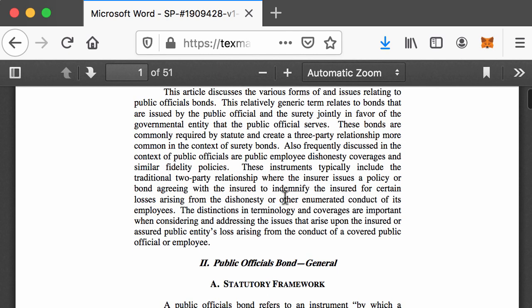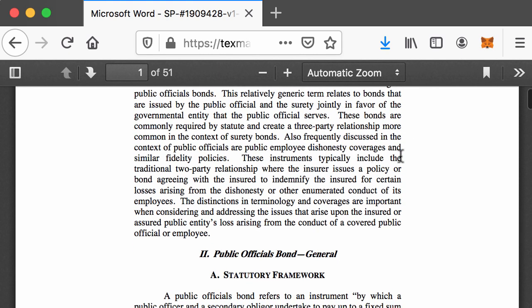These instruments typically include the traditional two-party relationship where the insurer issues a policy or bond agreeing with the insured to indemnify the insured for certain losses arising from the dishonesty and or other enumerated conduct of its employees. The distinctions in terminology and coverages are important when considering and addressing issues that arise upon the insured or assured public entity's loss arising from the conduct of covered public officials and employees.